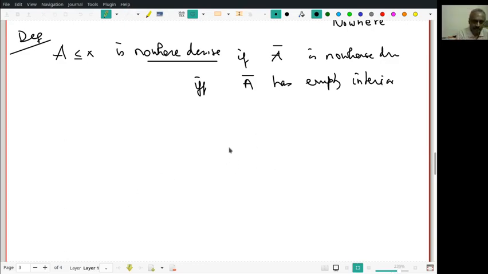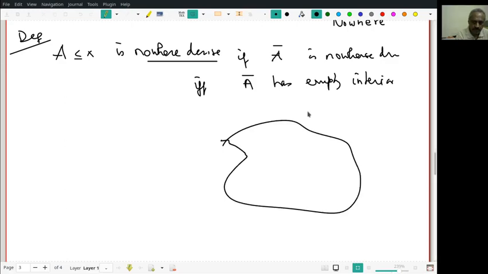Suppose this is X, and I say a set A is nowhere dense. What it means is, you give me any open ball, open set, then I can find another small open set, maybe inside this, which does not intersect A. Here there is no problem, it doesn't intersect.